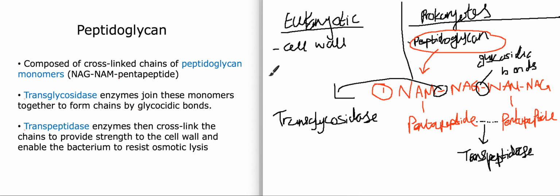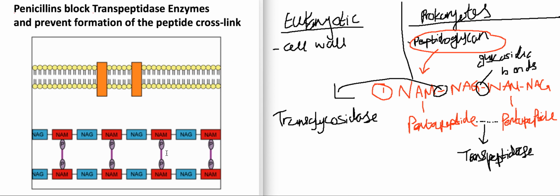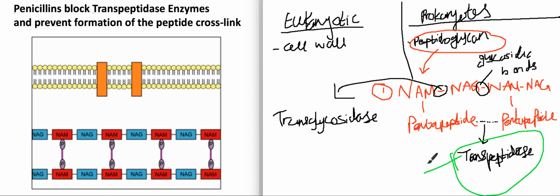Okay, so moving on. Now you can see here penicillin blocks the transpeptidase enzyme. So penicillin usually acts on these ones and blocks the enzyme. If it blocks it, then you can't form this bond here, so cross-linking cannot take place.